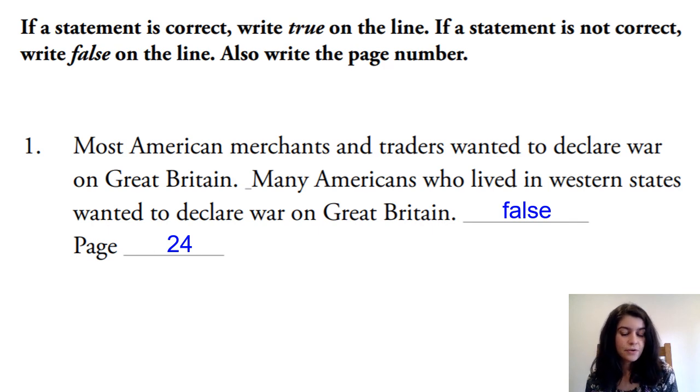That part's not true. So because that's not true, the whole thing is false. That was on page 24, the first page, where it was talking about what the merchants wanted out of this war. They didn't want to go to war, remember, because they were worried about all the things that would happen if they went to war.